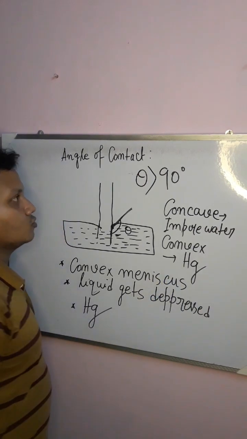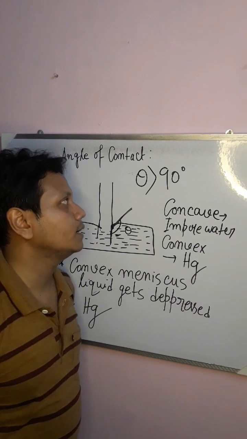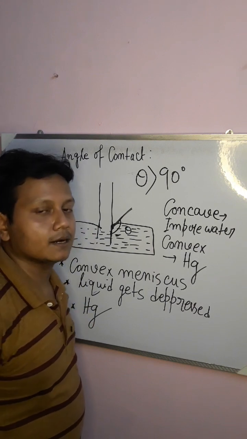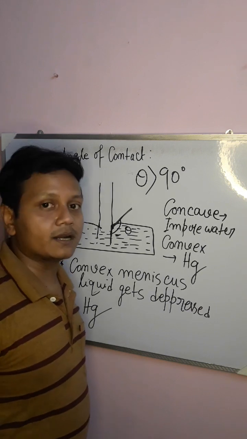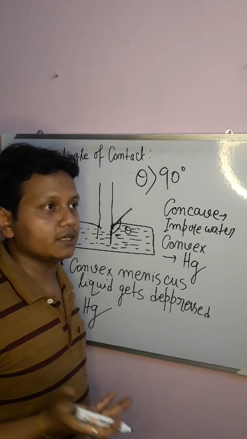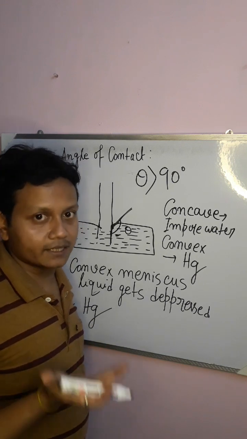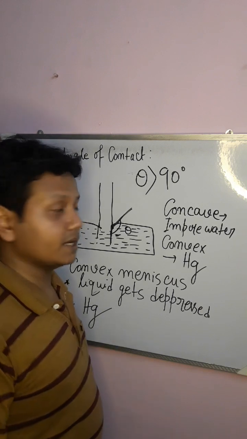So this we have to know before starting the capillary rise method. Now in my next lecture I shall discuss what happens when a liquid is dipped vertically in a capillary tube and wets the walls of the tube: the liquid will rise to a certain height. I will do that in my next class.